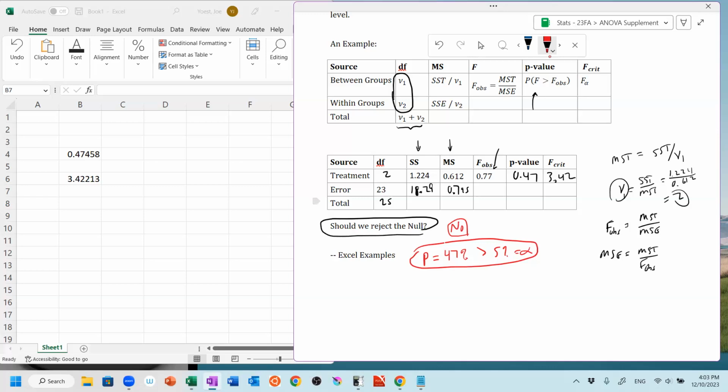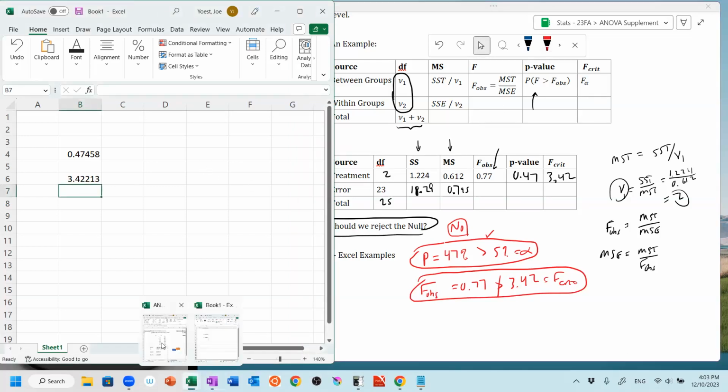I also note that this would be sufficient information to not reject, but I could also say that because this is a right-tail test, an F observed of 0.77 is not to the right of 3.42, or F critical. For that reason also, I could say do not reject.